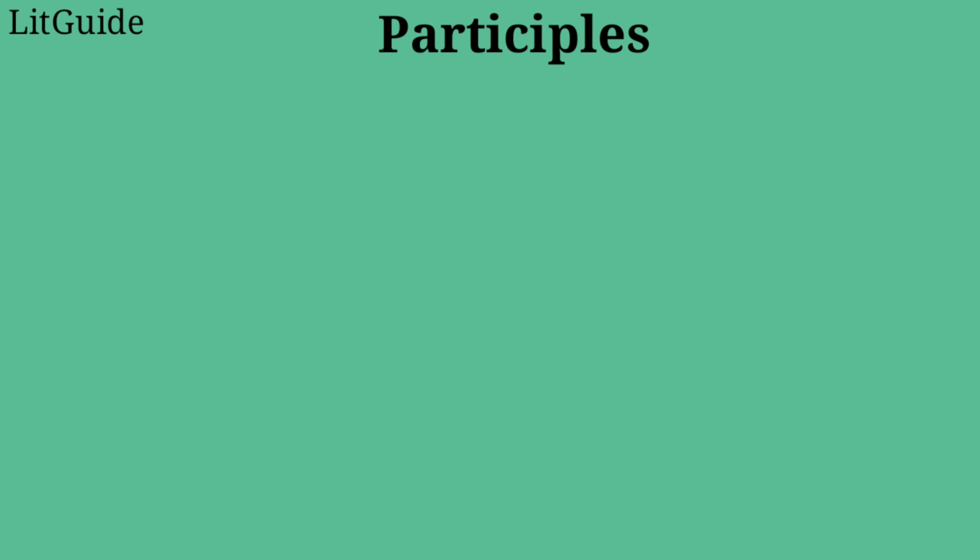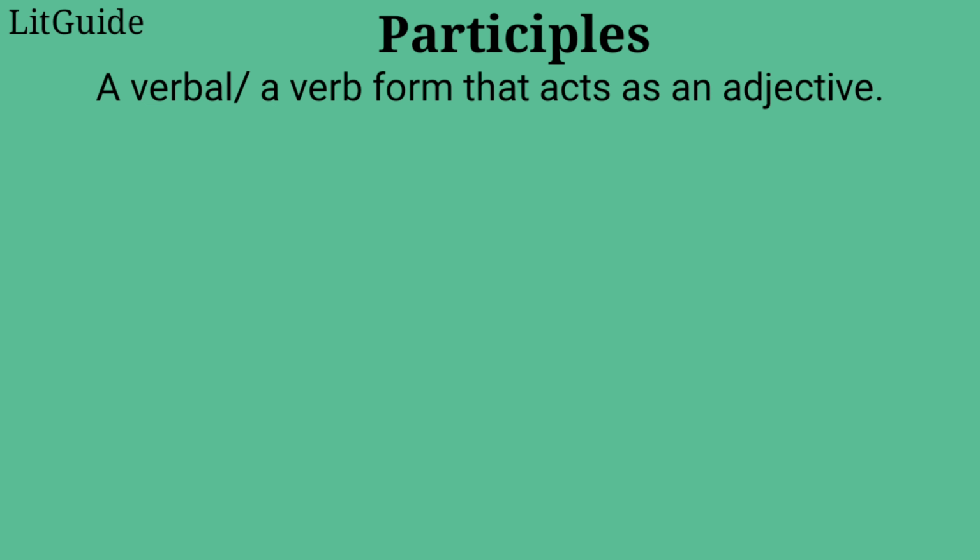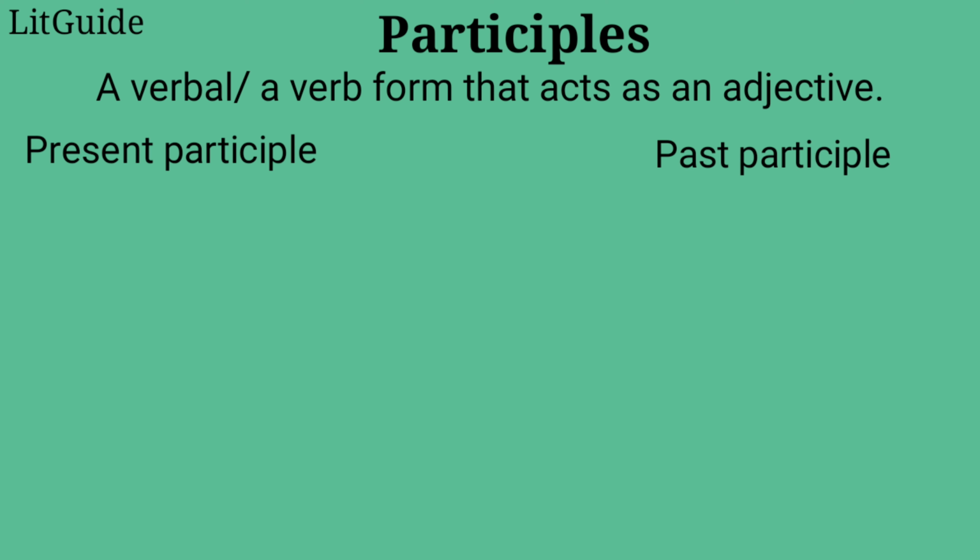Alright, let us now take a look at participles. Participles can be defined as a verbal or a word derived from a verb that acts as an adjective. Traditionally, there are two types of participles in the English language: the present participle and the past participle. Present participles are formed by adding ing to regular verbs.